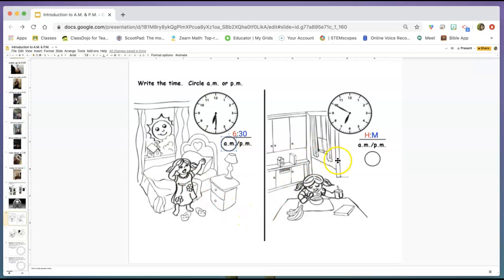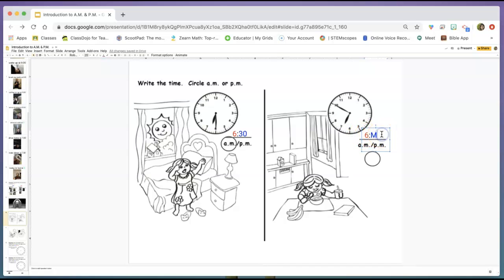So we're going to repeat that step on this picture here. So first, I need to read the time. I'm going to read my hour hand, which is the shorthand. I see that the hour hand is in between 6 and 7. That means that the hour hand is pointing in 6's room.